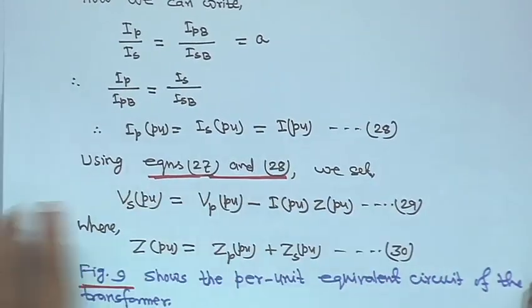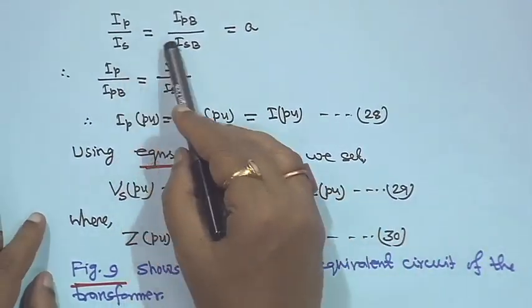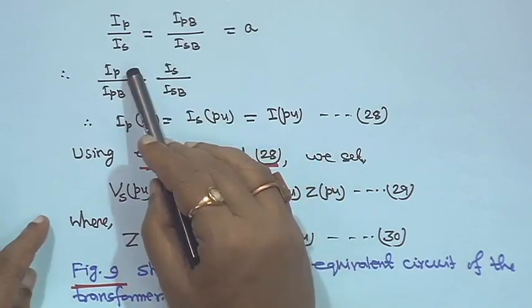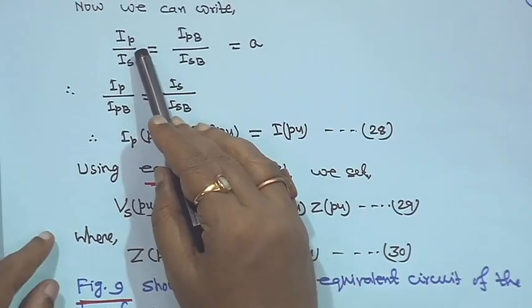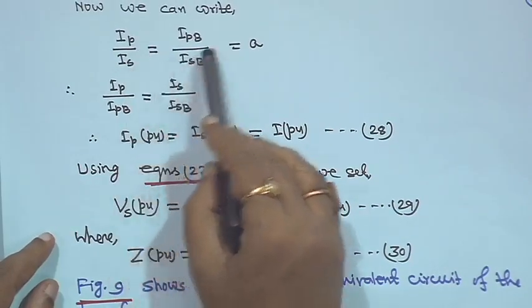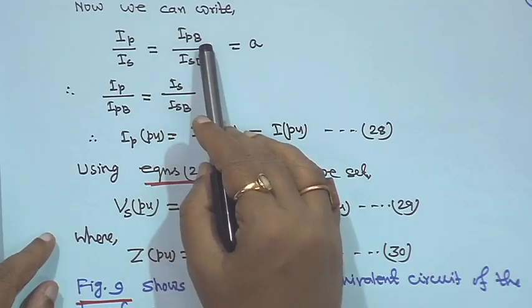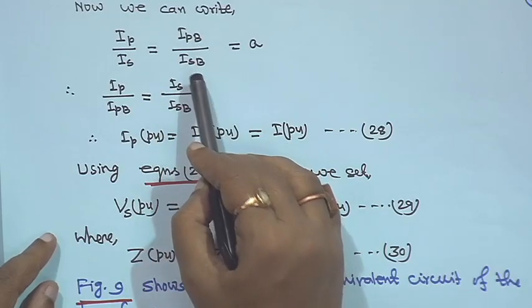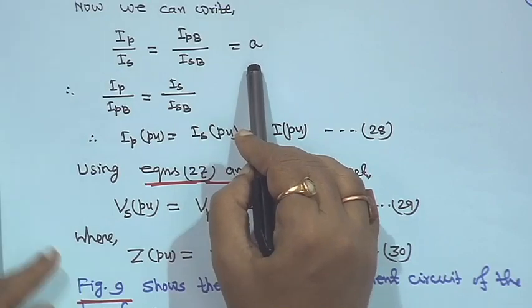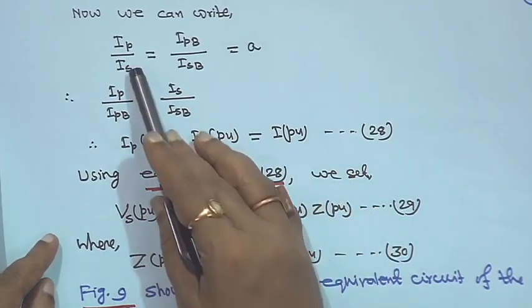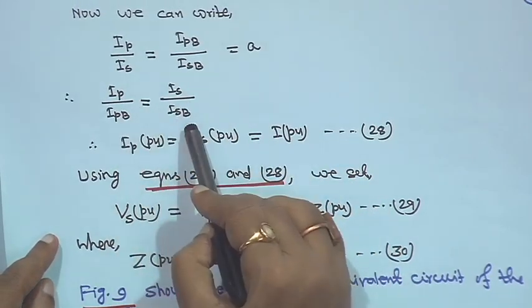Next, now we can write that Ip upon Is is equal to Ipb upon Isb. This also we have told earlier, that the ratio of primary to secondary current is equal to the ratio of primary side base current to secondary side base current, which is equal to A. This we have discussed earlier. Therefore, Ip upon Ipb is equal to Is upon Isb.